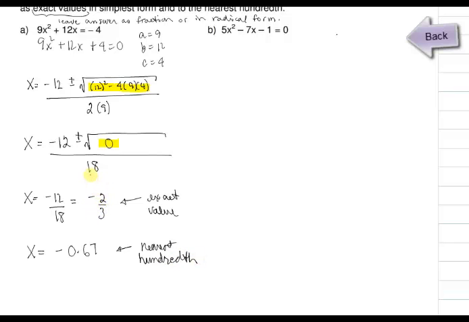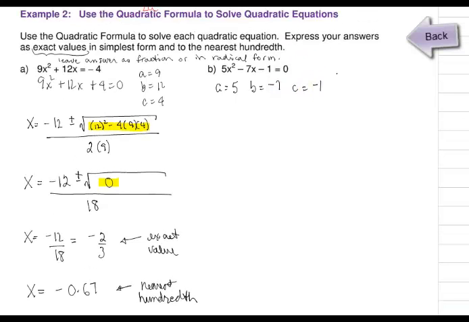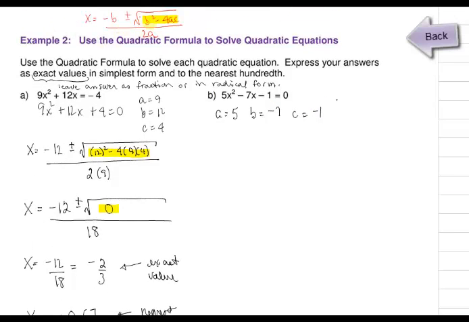So now let's take a look at our second example. It's already in standard form. We can see that a is 5, b is negative 7, and c is negative 1. We will plug that into our formula. So here's our formula. We're still solving for x.